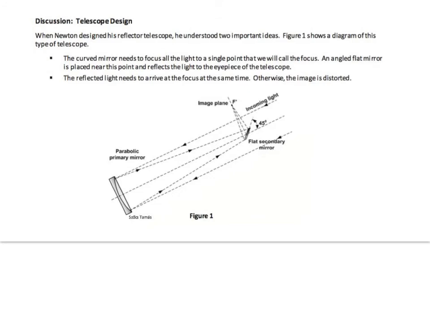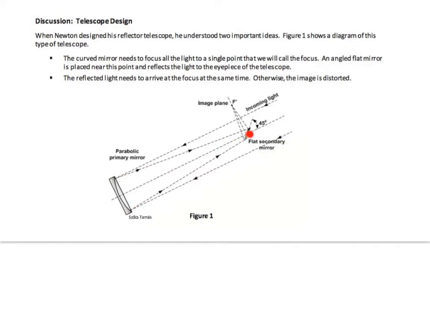Now we have a lot to read. I hope you're okay with that. When Newton designed his reflector telescope, he understood two important ideas. Figure 1 shows a diagram of this type of telescope. The curved mirror needs to focus all the light into a single point that we call the focus. So all the light comes down, hits the curved mirror, and comes up.